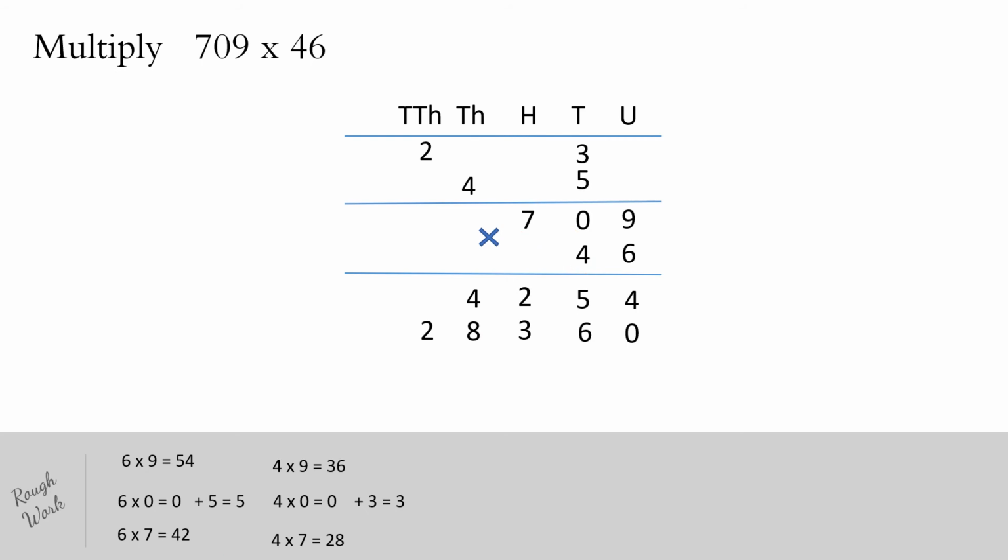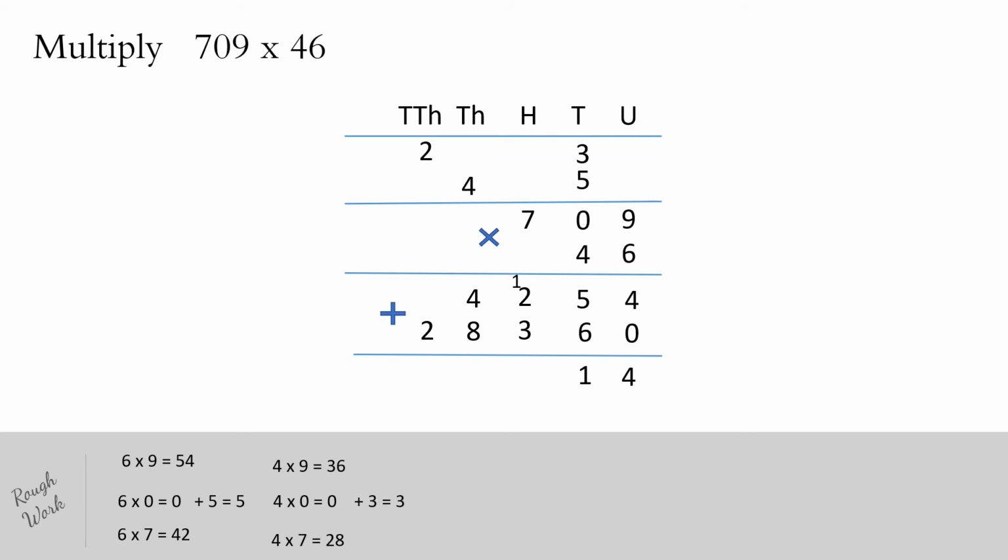So 4,254 plus 28,360. 4 plus 0, 4. 5 plus 6, 11, 1 we will write down and 1 we will carry at 100 place.